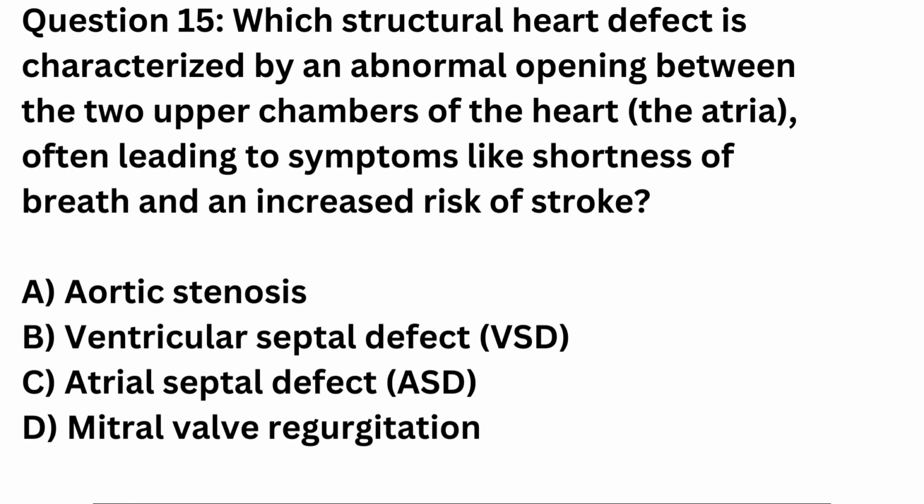Question 15. Which structural heart defect is characterized by an abnormal opening between the two upper chambers of the heart, the atria, often leading to symptoms like shortness of breath and an increased risk of stroke? A. Aortic stenosis. B. Ventricular septal defect, VSD.